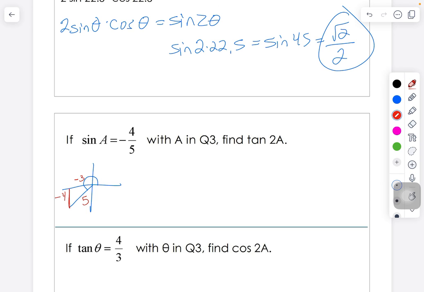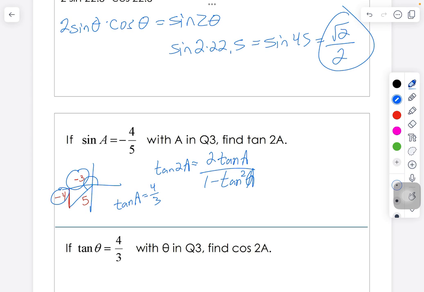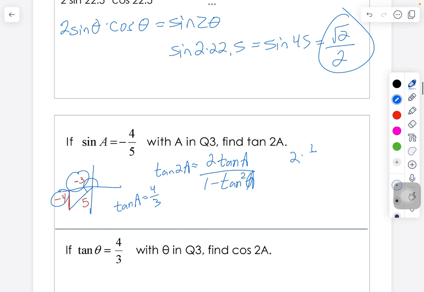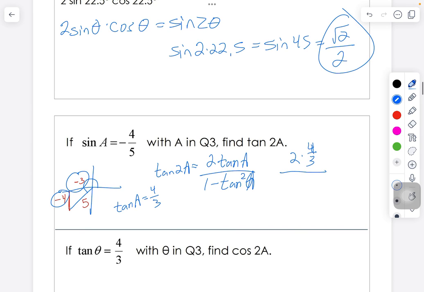And I'm going to do the tangent of 2a. Looking at that sheet, 2 tangent of a over 1 minus the tangent squared of a. Well, tangent would be opposite over adjacent, so tangent of this a is going to be 4/3. So 2 times 4/3, over 1 minus 4/3 squared.